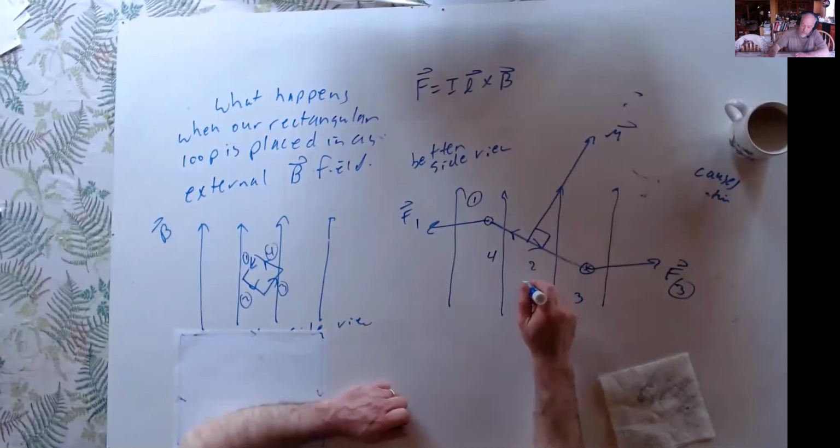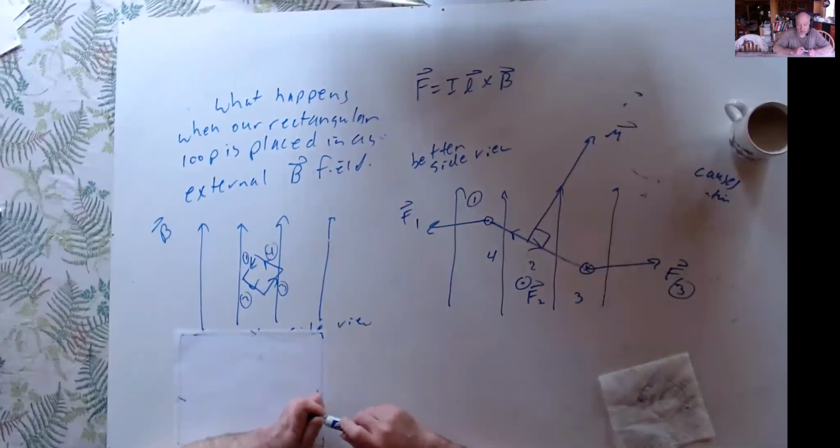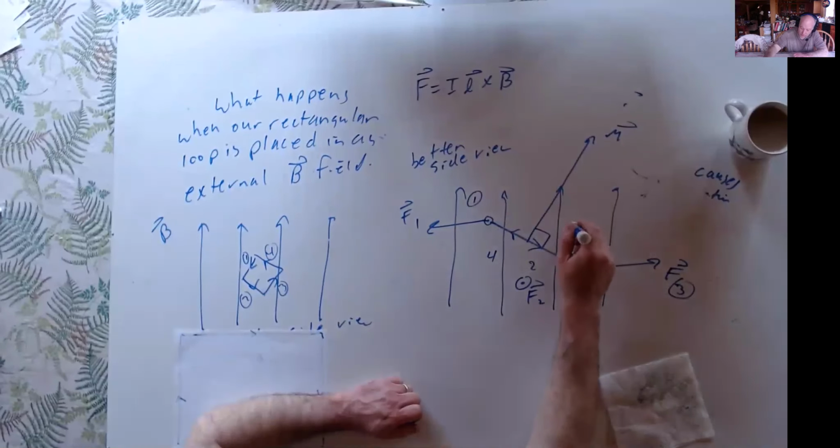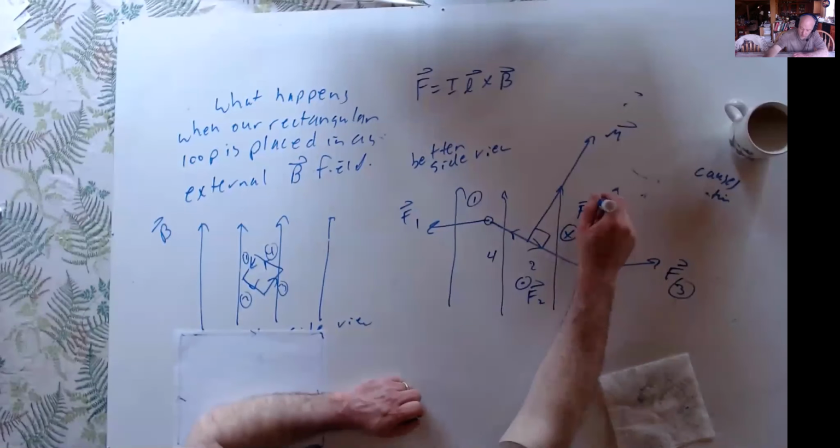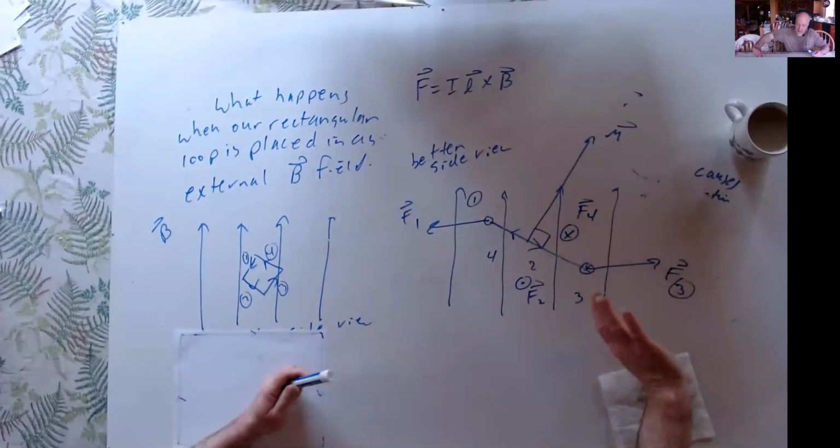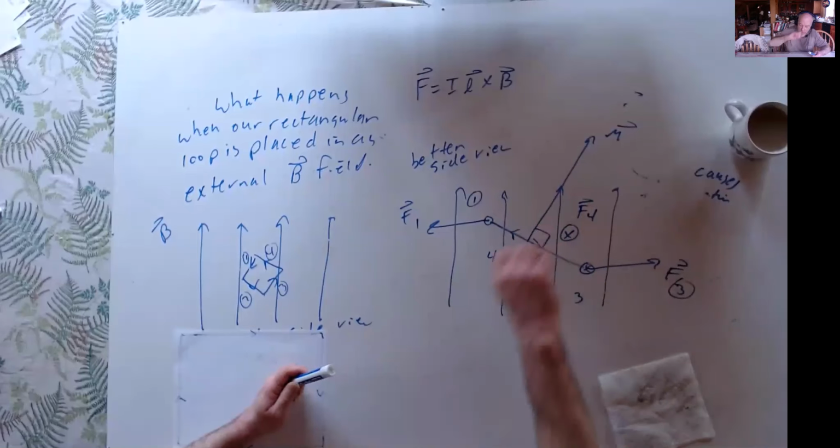So side 2 is out. Okay, finish it up. We need side 4. Yes, side 4 is going to be going into the board, again because if we did the L cross B like that, that's going into the board.